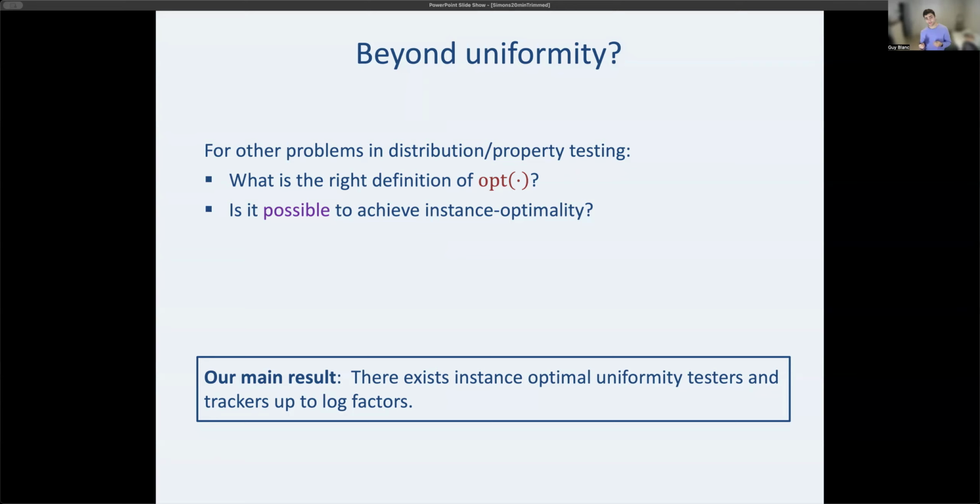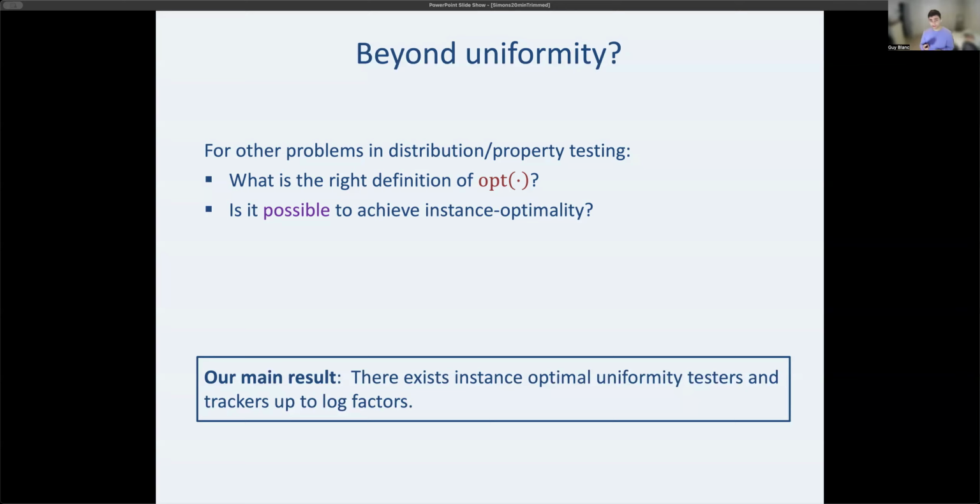The first question is, what is the right definition of opt for a particular problem? For uniformity testing, we had a notion for what would be best quite quickly, because uniformity testing is very label invariant as a property. So it seemed like a label invariant opt, if we could achieve it, would be great and reasonable. And we ended up achieving it up to logarithmic factors. But for other problems, maybe they have different sort of symmetry, and so you need different notions of opt that are reasonable for those settings.